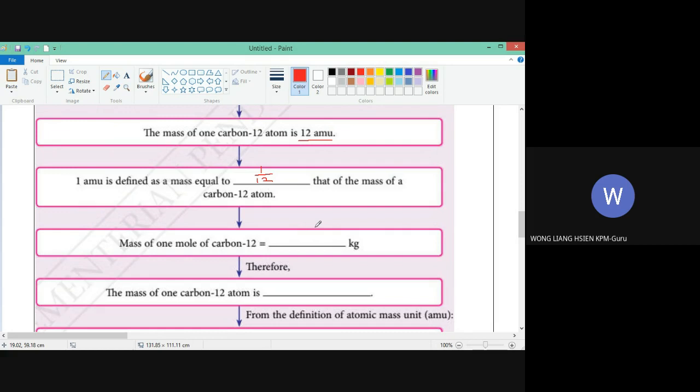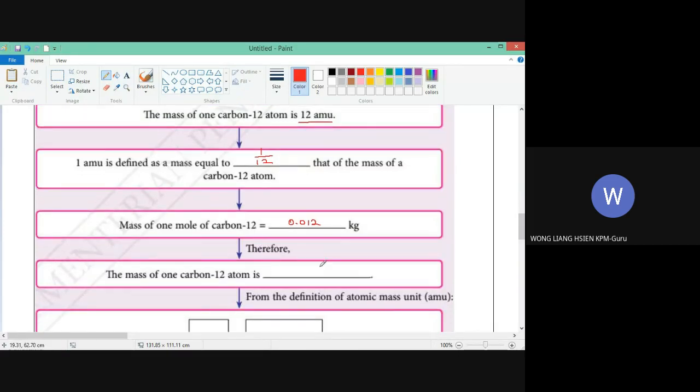That means the mass of 1 mole of carbon-12 is actually 0.012 kilogram.